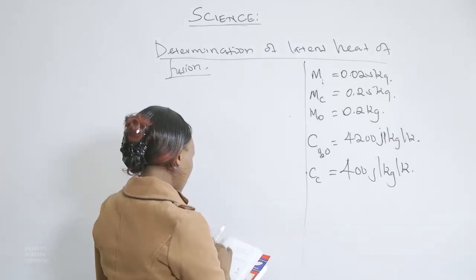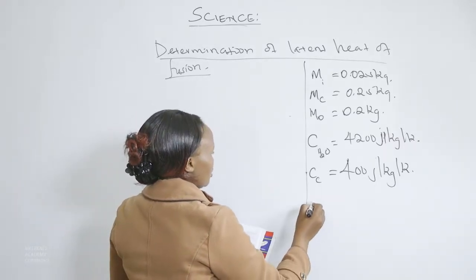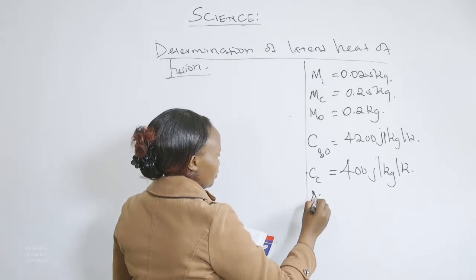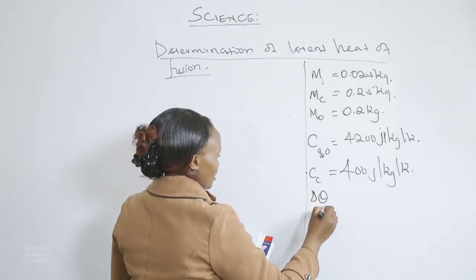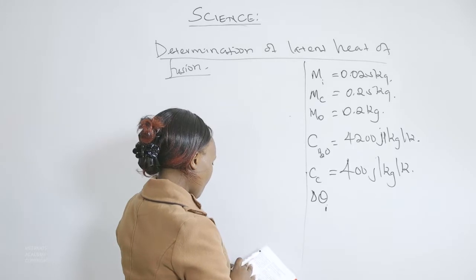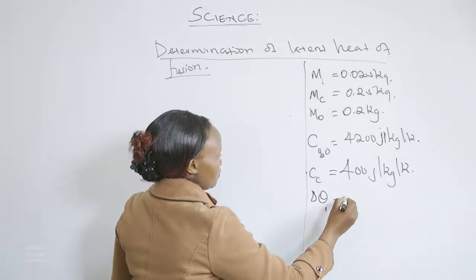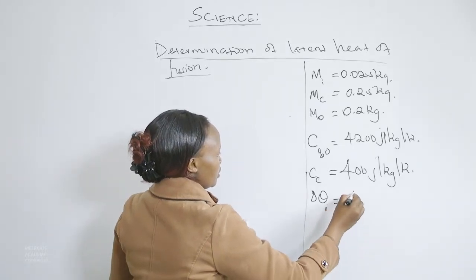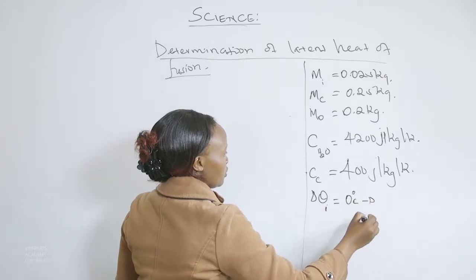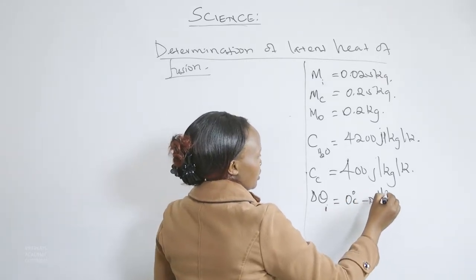Now, temperature change of ice is from 0 degrees centigrade to 11 degrees centigrade.